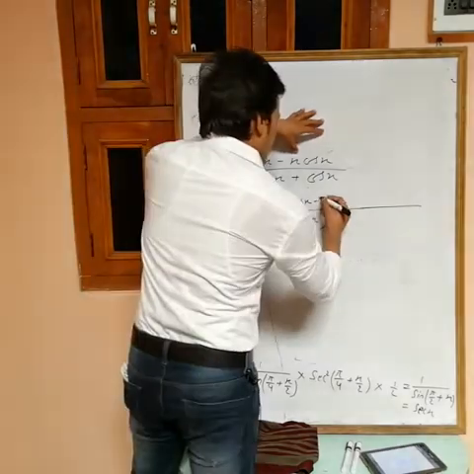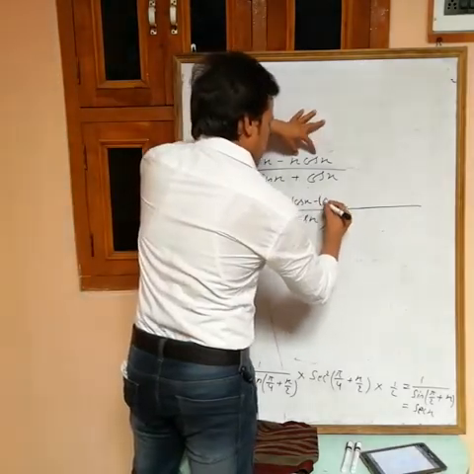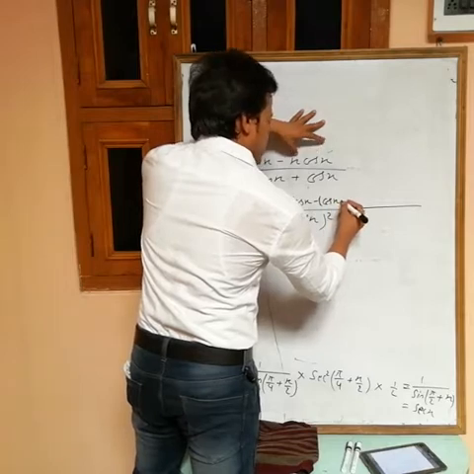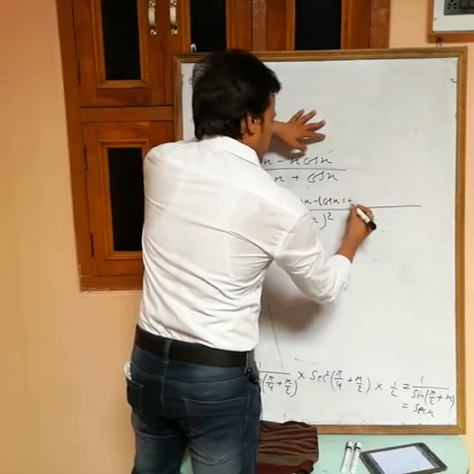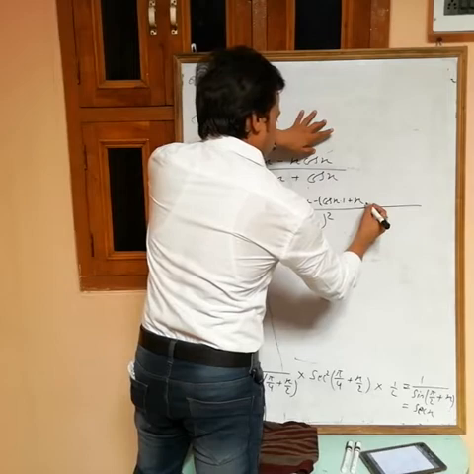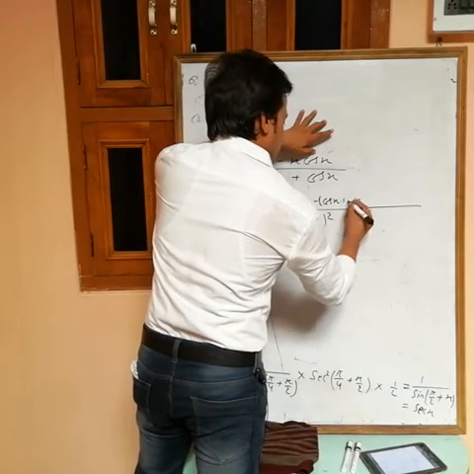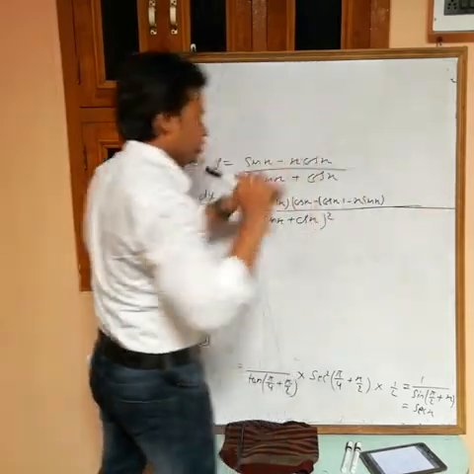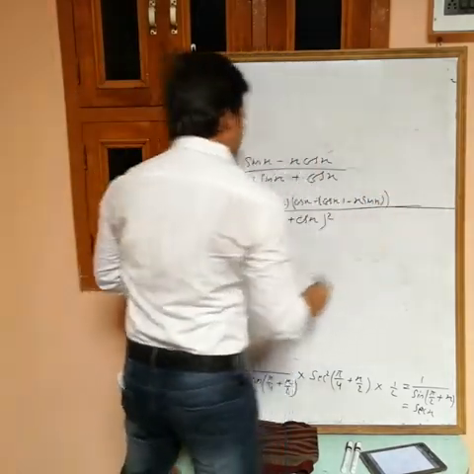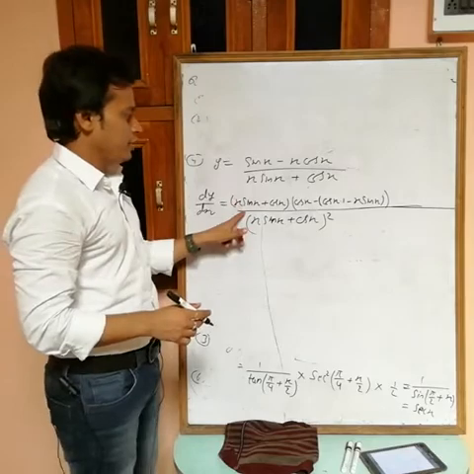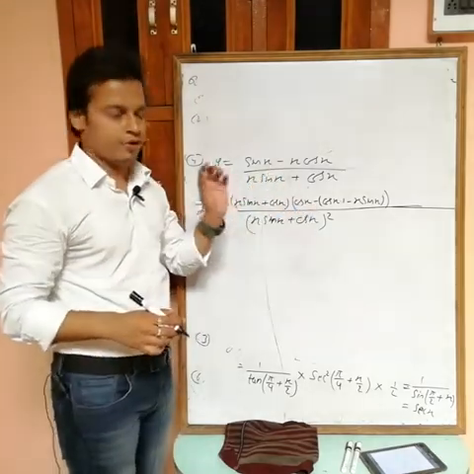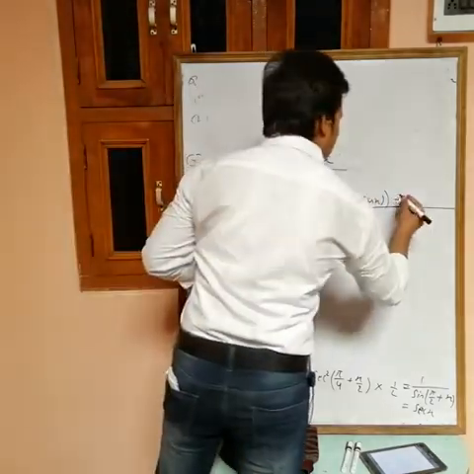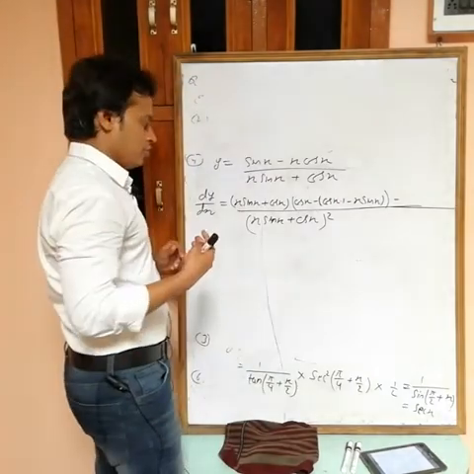So first I am differentiating x, then cos x as constant, and differentiation of x is 1, plus now x is constant, differentiation of cos x is minus sine x, then minus sine x. So this is the denominator, differentiation of numerator, then minus numerator into differentiation of denominator.